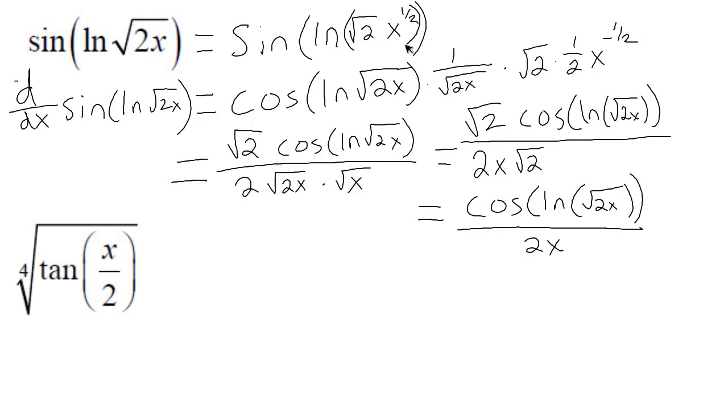Alright, let's look at another one. Instead of the square root that you have there, we're going to look at this 4th root. So how might it be helpful to rewrite this one? Yeah, whatever's on the inside to the 1/4 power this time.